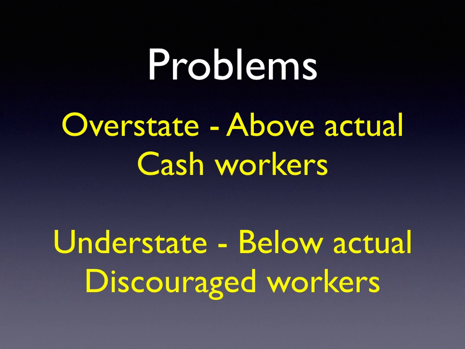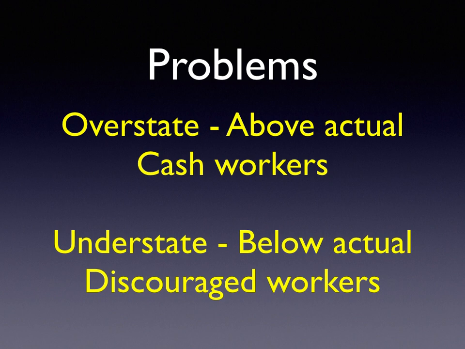Now, the opposite problem occurs when the unemployment rate is understated. If I say it's 5%, 5% could actually be an understatement of the unemployment rate because we have discouraged workers. Although they're technically not included in the unemployment statistics, they have left the labor force. They're no longer in the labor force because they've become discouraged.